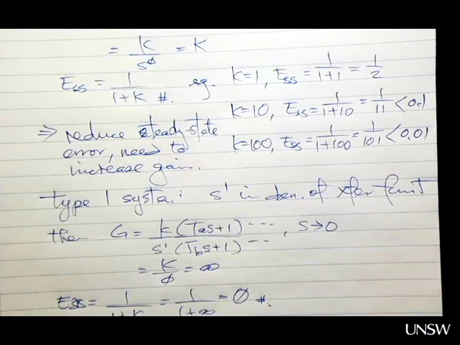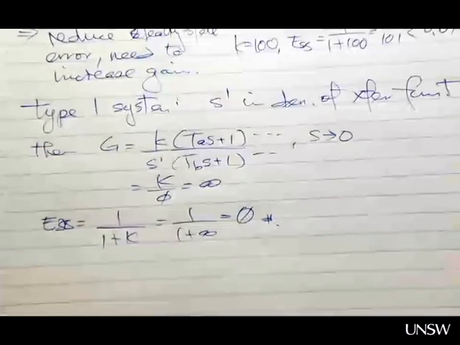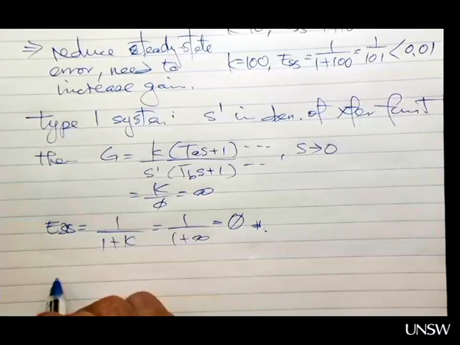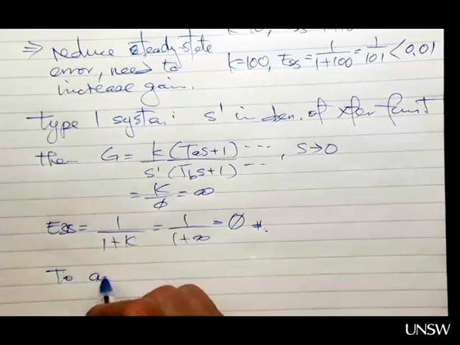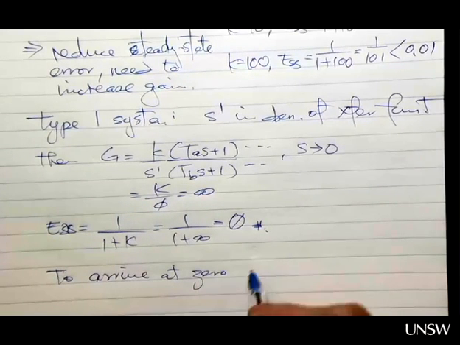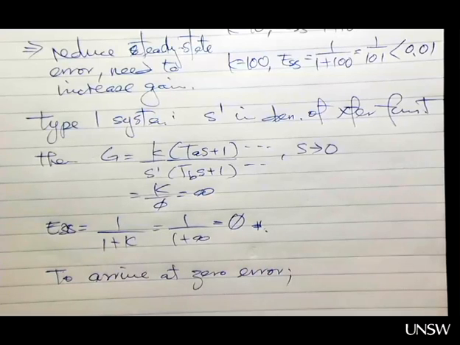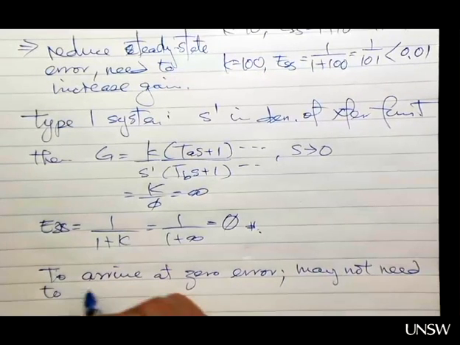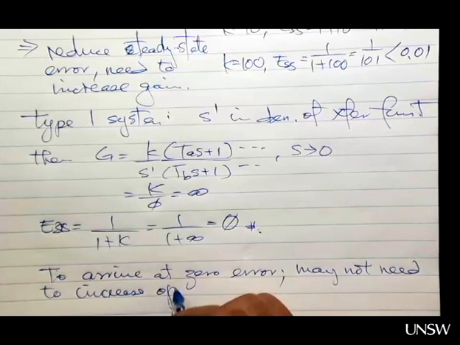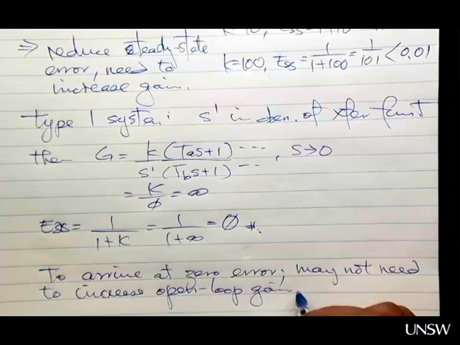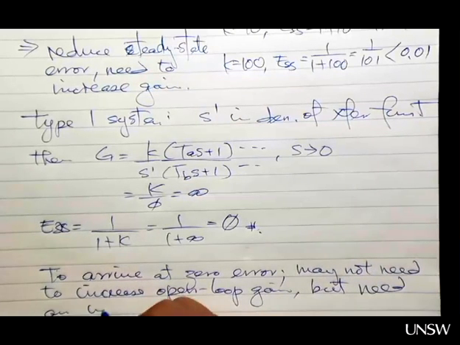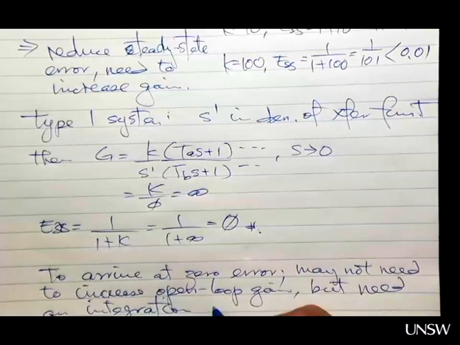Okay. For this type 1 system, to arrive at 0 error, we may not need to increase the open loop gain, but need an integration action or integration process.